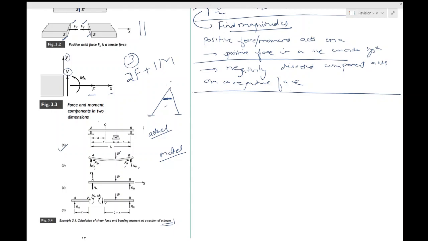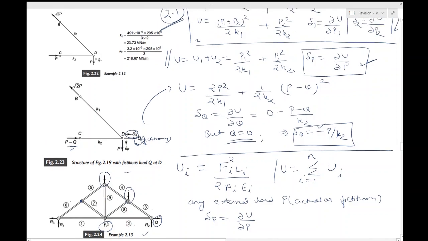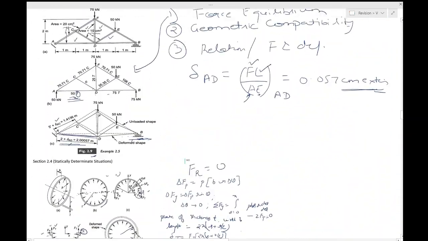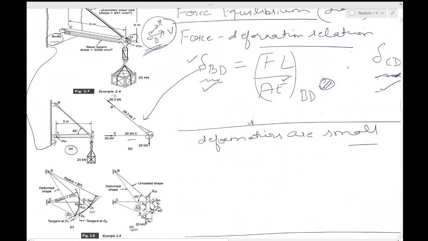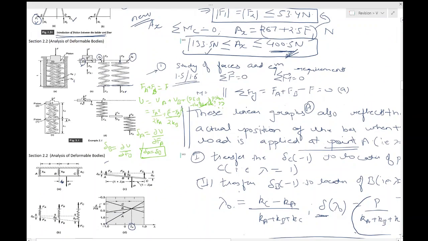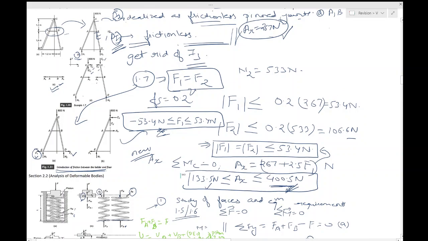If you recall, maybe I can go back and show you where it was. Here, in this one, there is a history associated, in the sense that if the ladder was opening or closing, then the friction would act in different ways.